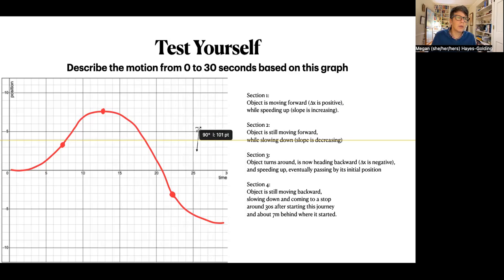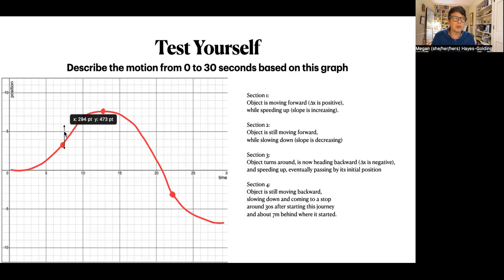For that first segment of the journey, starting at 0 seconds and going till about 8 seconds, we travel from an initial position of 0 meters up to a final position of around 3 meters. That's what I mean. Delta X is positive. We start at 0, we end around 3 meters, positive delta X.